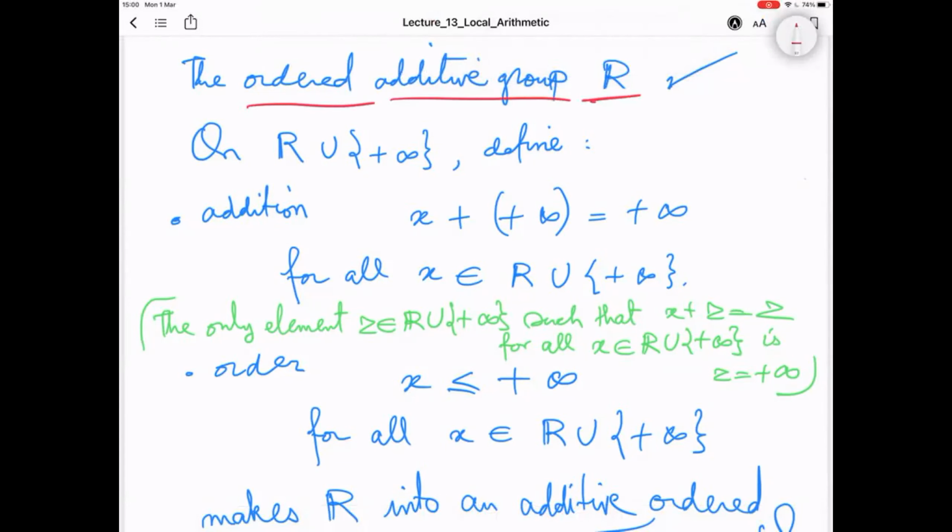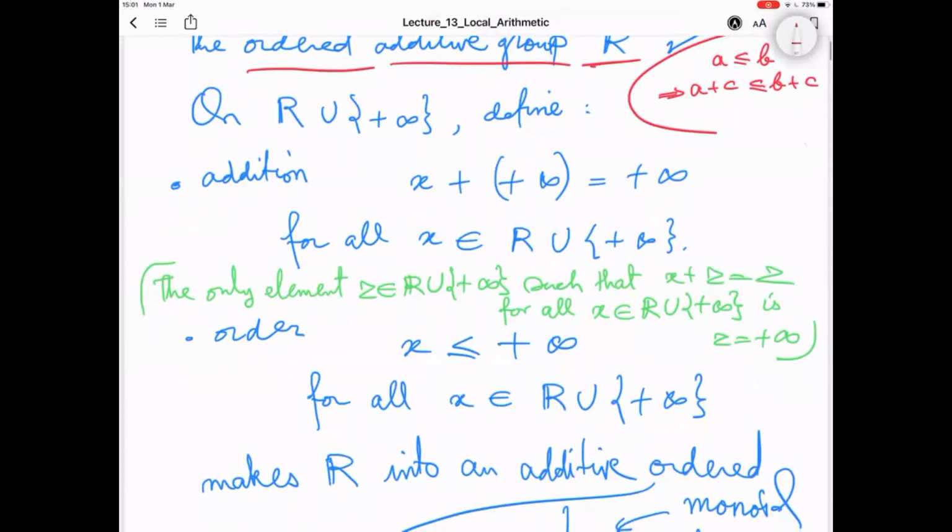The order is such that it's invariant under translation, which just means that if A is less than B, then A plus C is less than B plus C for all C, right?